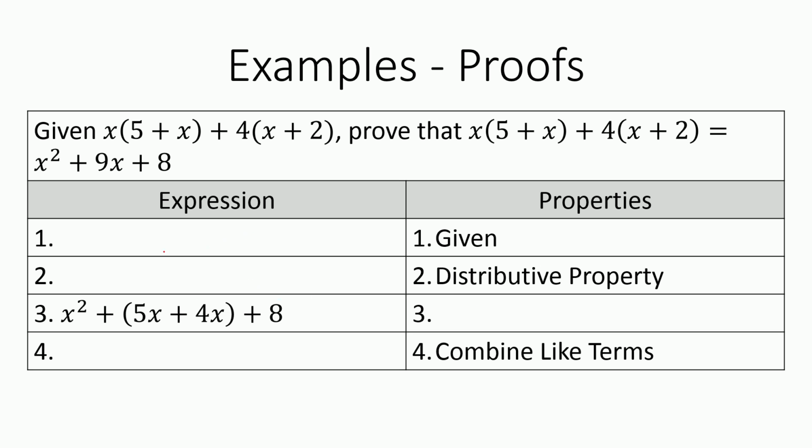So when I write something here, whatever the reasoning is over here is why I can write it. So sometimes I'm given the properties, and I'll have to look at my expression and see how can I change the expression here to write a new one here that would show that I used this property as a reason why I could do that.